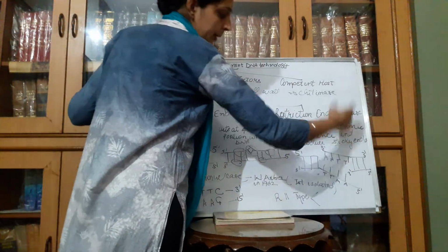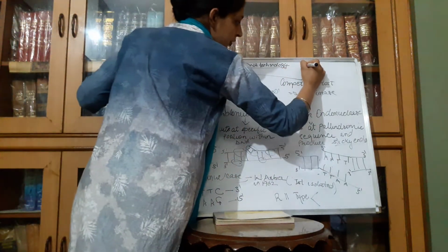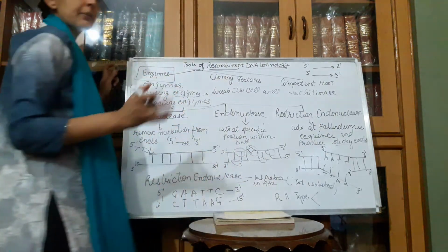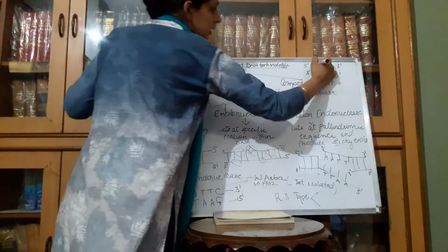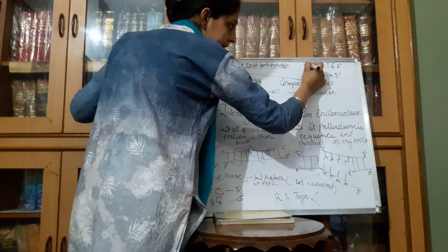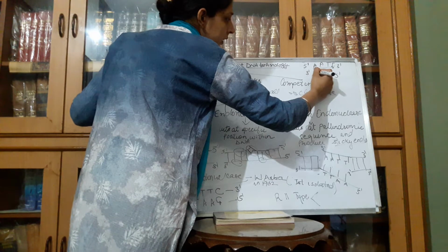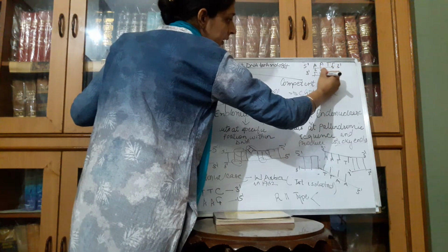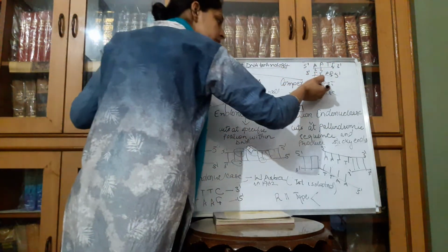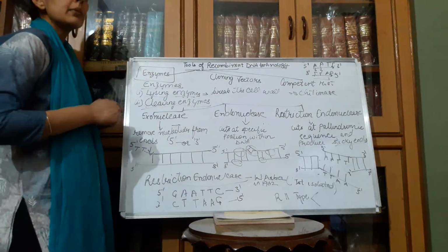Now let us talk about what a palindromic sequence is. It is a sequence which reads the same if you read it from 5' to 3' or from 3' to 5'. For example, AATT. If you read it from the 5' end, it is AATT. The complementary strand, where the complement of A is T, is TTAA, read from the 3' end. So whether you read from 5' to 3' or from 3' to 5', it is the same.